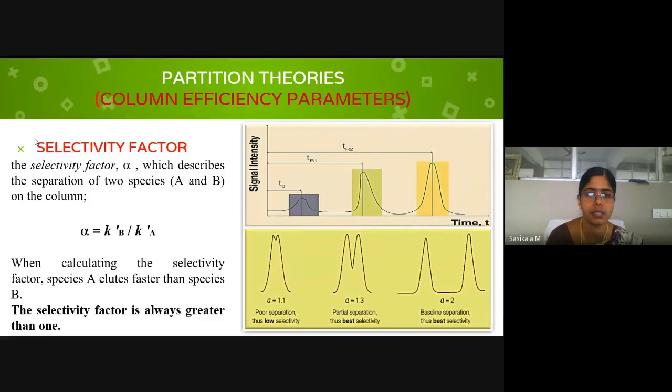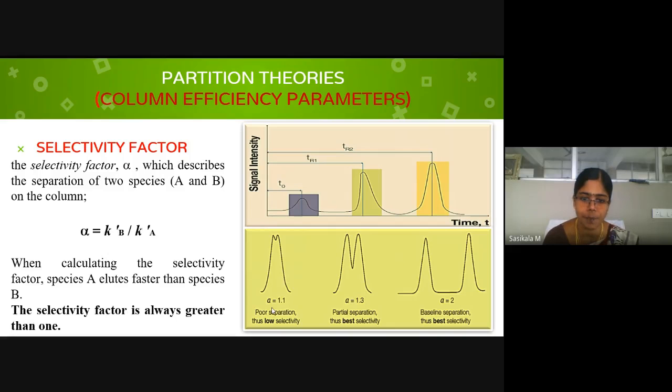The fifth factor is selectivity factor. It is also most important when two analytes are eluted from the column. If two analytes are eluted simultaneously from the column, we should get baseline separation. Not like the first one, poor separation. Here you can see two components, take A and B as two species being separated from the column.